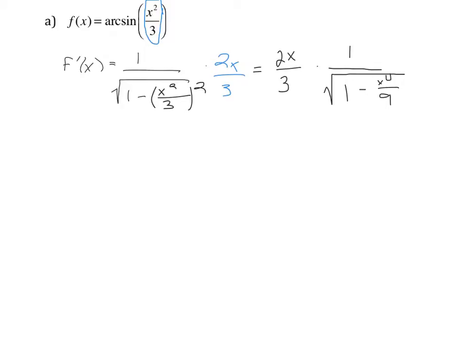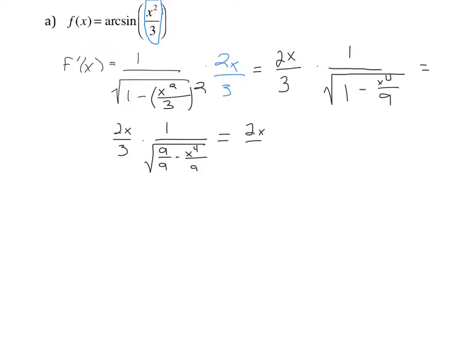And then I still have a complex fraction. I don't love that, so let's make it not complex. Carrying the 2x over 3 down, I will rewrite the 1 as 9 over 9, so that I can actually do this subtraction.